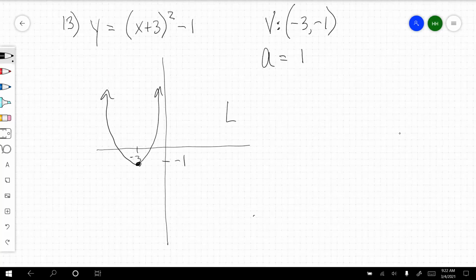Or did we finish 13? All right, so this went left 3 and down 1. There's your translation from the parent.